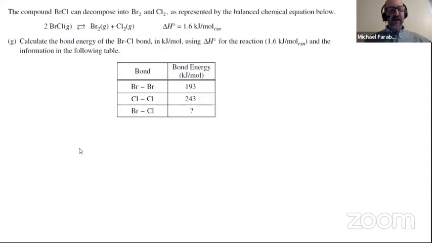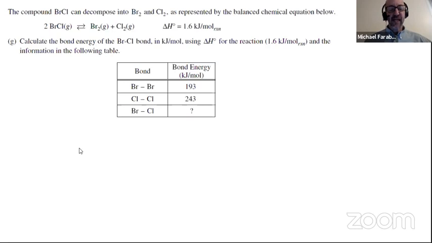We are given that 2 moles of BrCl is transformed into 1 mole of Br2 and 1 mole of Cl2. And these are all gaseous species. We are also given that the delta H for this process is 1.6 kilojoules per mole of reaction. Calculate the bond energy of the BrCl bond.